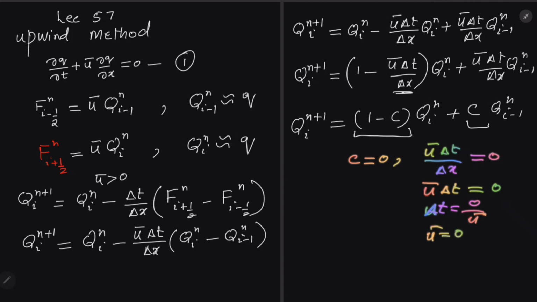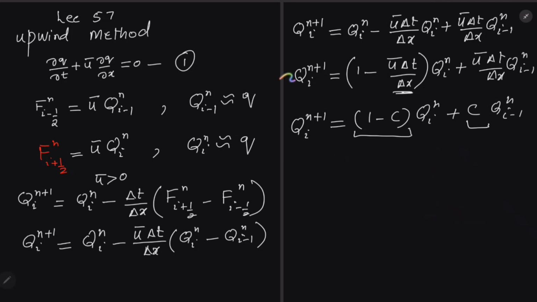In that case, for C equal to 0, there is nothing happening. So for C equal to 0, we have Q_i^{n+1} equal to Q_i^n. The old value will be equal to the new value.